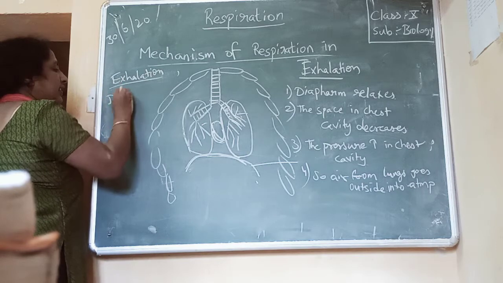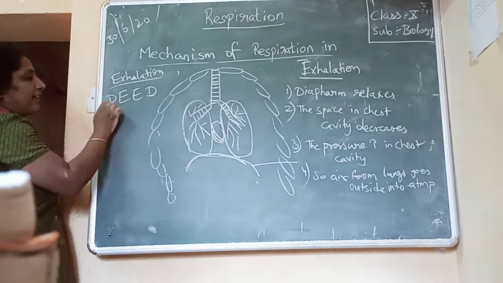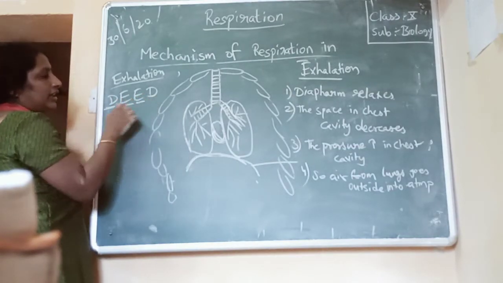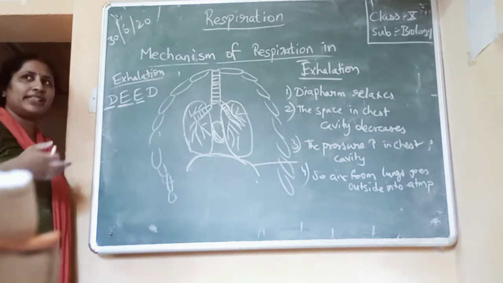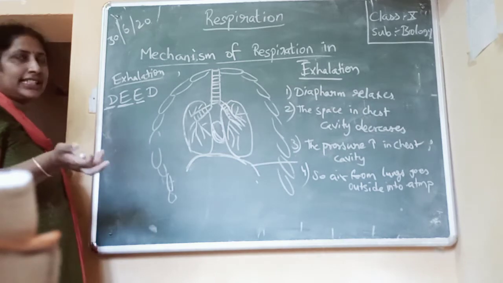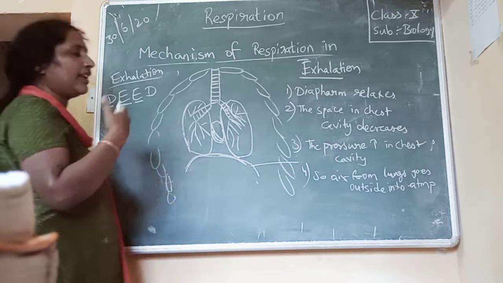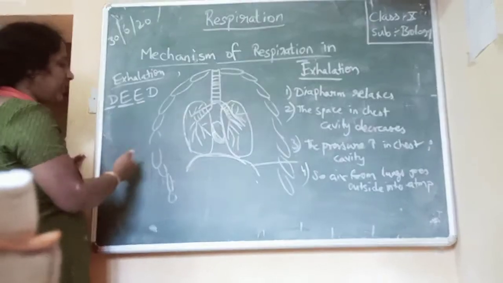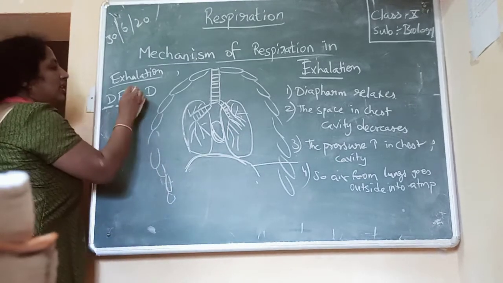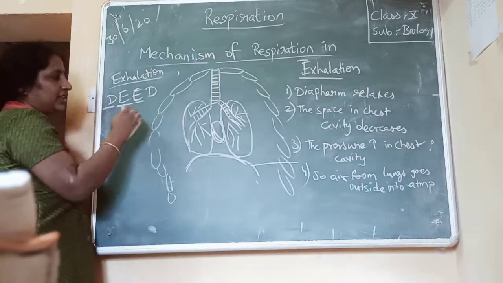So you can remember during exhalation, the word D. Diaphragm during exhalation expands. Expands means it relaxes. You can say expands or relaxes, not contract. So diaphragm expands to normal state.